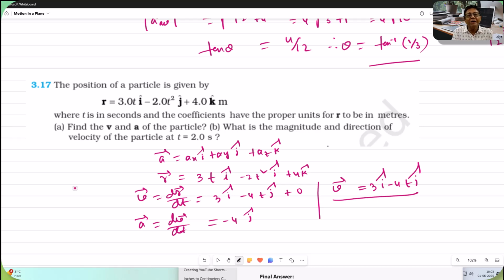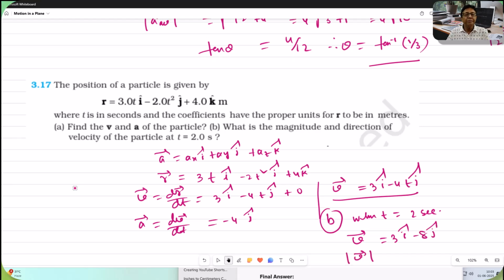Now the question is the magnitude and direction of velocity of the particle at t equal to 2 seconds. For the next part, it is given. Then when t equal to 2 seconds, v is going to be 3i plus 8j. Okay?